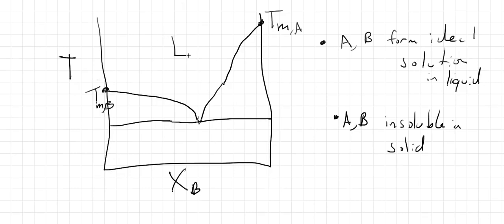So here we have liquid, we have solid, we have liquid plus solid, we have liquid plus solid, but we need to identify what's going on down here. Well, down below this temperature here, we have only solid, but solid is going to be two different phases. The phase that's rich in A we'll call the alpha phase, and that's just this very, very thin wedge here.